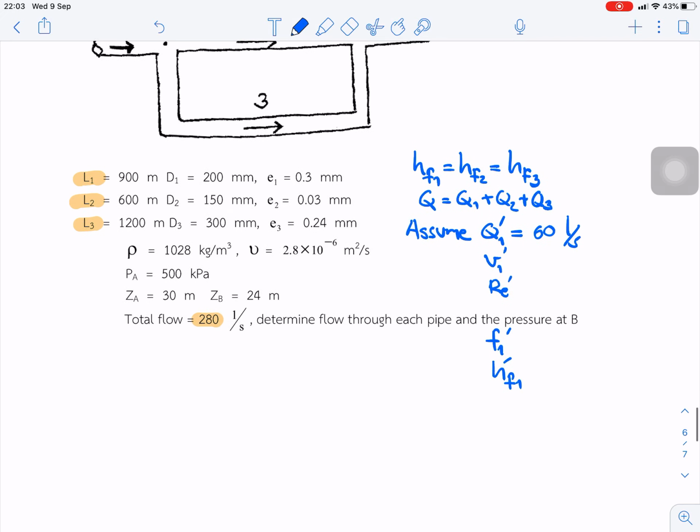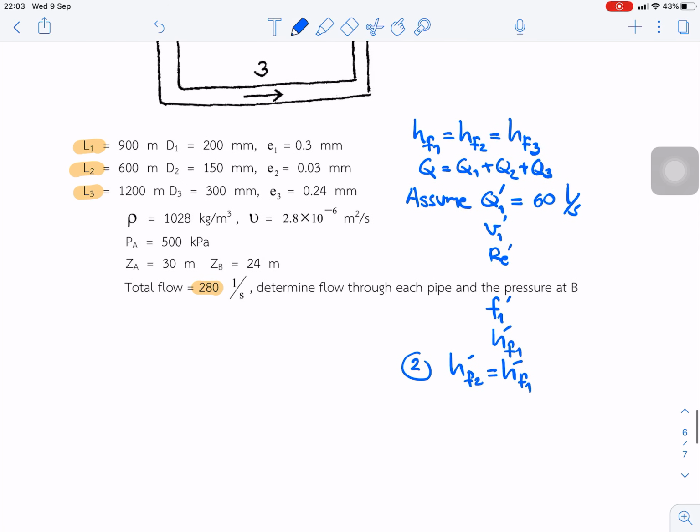Okay, for pipe number 2, we can use hf2 is equal to hf1, and we have to assume complete turbulence. So in this case, we know the f2.